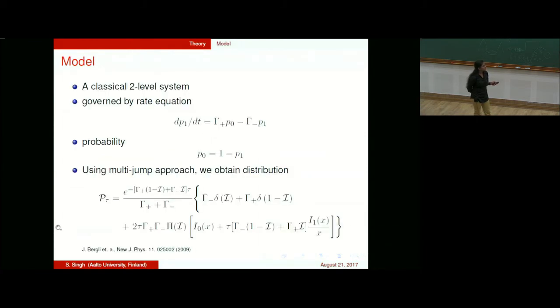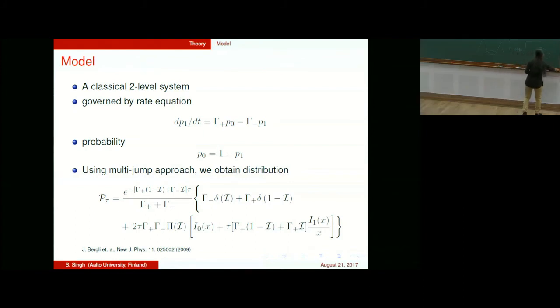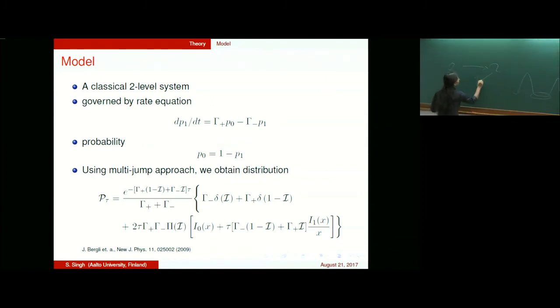Yeah, you can maybe do it, but it's a bit more complicated, because here you have only 2 states, so it's easier to map back and forth. But when you have 3 states, let's say 0, 1, and 2, then you have 6 transition rates to take care of. So that's a good question. You can do it, but I haven't done it.